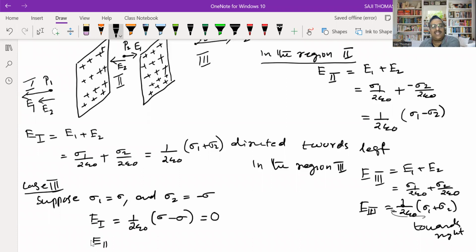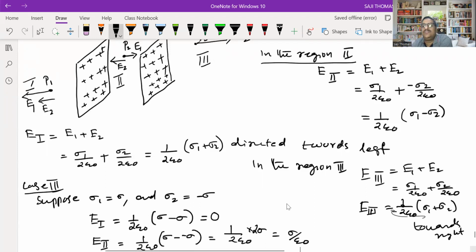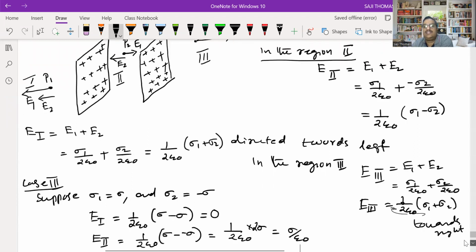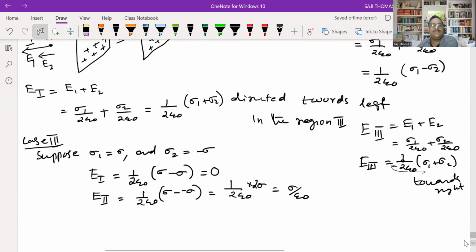Now what happens in the second region? What is the equation? 1 by 2 epsilon 0 into sigma 1 minus sigma 2. Sigma 1 is sigma, minus sigma 2 is minus sigma. So you are getting 1 by 2 epsilon 0 into 2 sigma, equals sigma by epsilon 0. Now what will be in the third region? What is the equation?